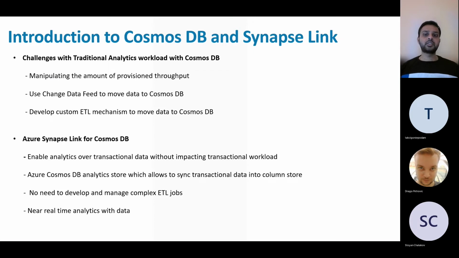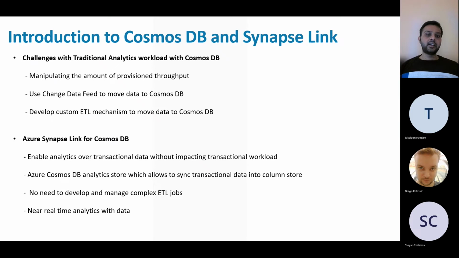Then why do we need Cosmos DB and Synapse? So the major challenge that we face with the traditional analytics workload is manipulating the amount of provisioned throughput. So we cannot determine beforehand the amount of compute power required while working with the traditional databases.